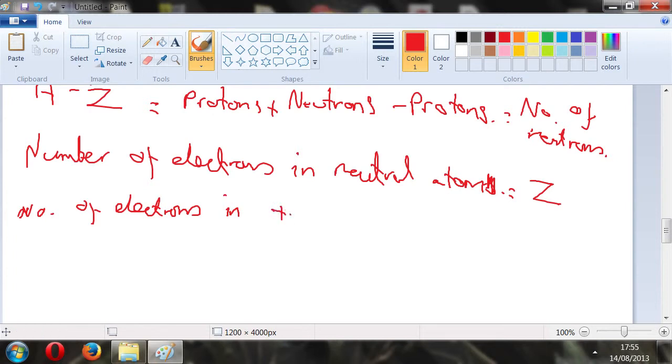So, number of electrons in a positive ion: we've got the atomic number minus the charge on the ion. So we subtract the charge on the ion.